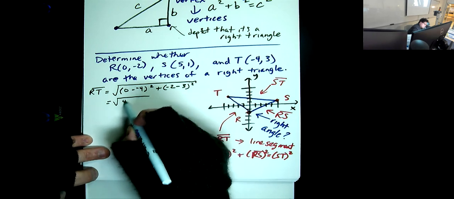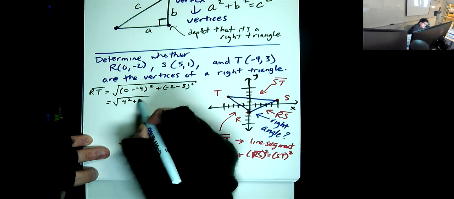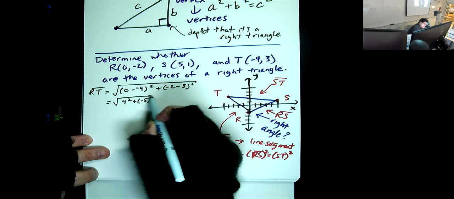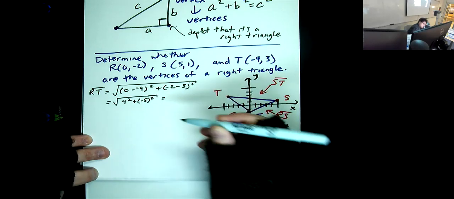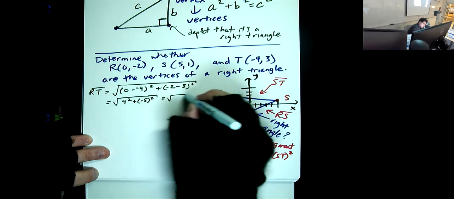That's the square root of 4 squared plus -5 squared, which is the square root of 41.